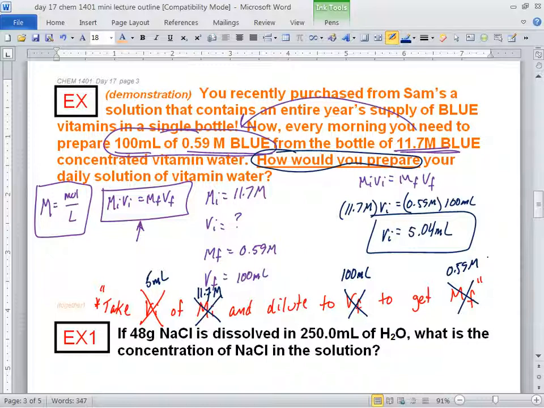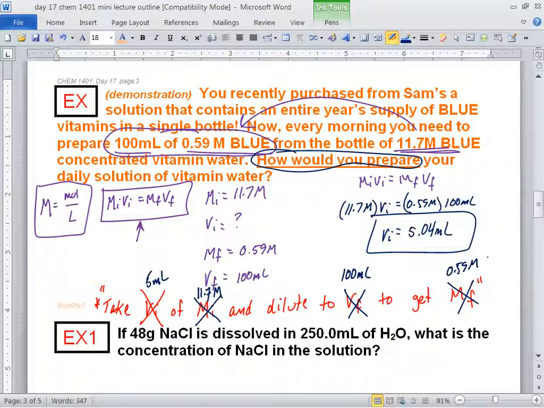Okay, dump that in there. Probably rinse this out a little bit so I can get it all. Okay, and I just got to get it up to the mark. The mark is way up here. There.